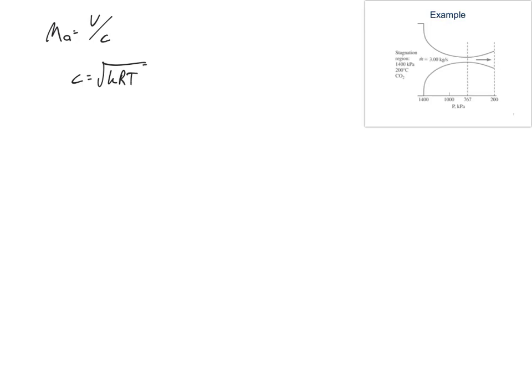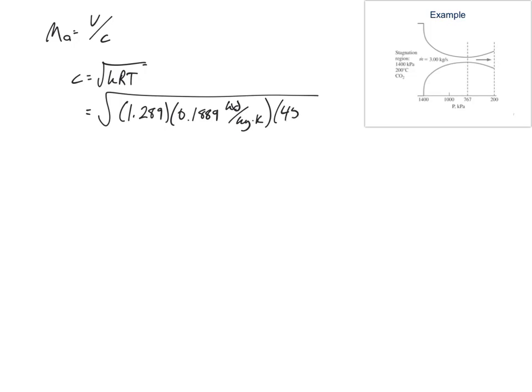So the square root of 1.289, R is 0.1889 kilojoules per kilogram-Kelvin, and temperature is 457 Kelvin.